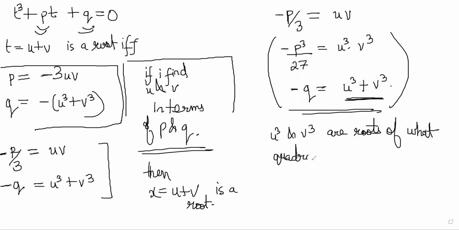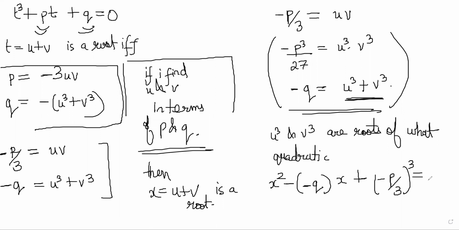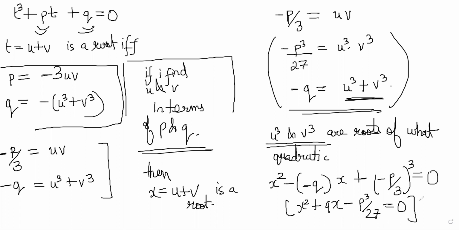They are roots of this particular quadratic, x square minus (u cube plus v cube) x plus the product of the roots, so minus p by 3 whole cube is equal to 0, right? So the quadratic became x square plus qx minus p cube by 27 is equal to 0. You understand? Here u cube and v cube are the roots of this quadratic.